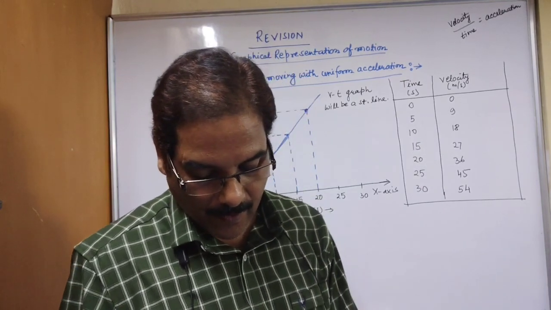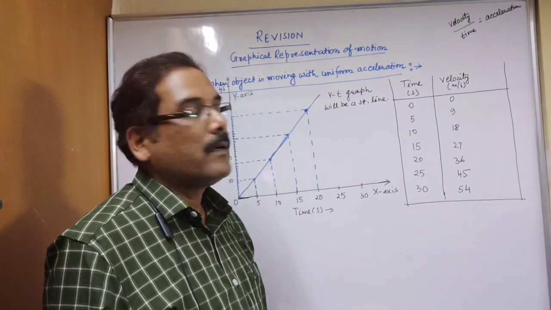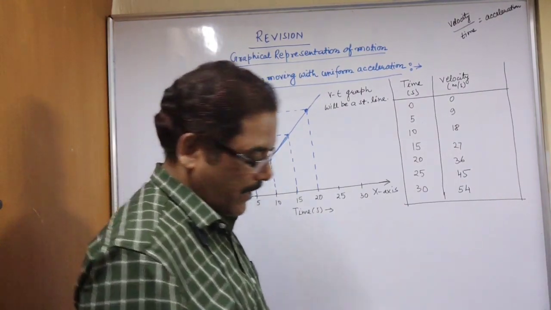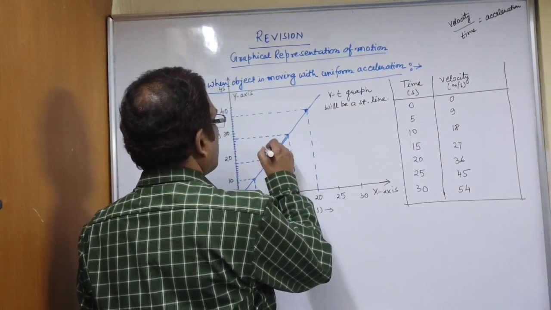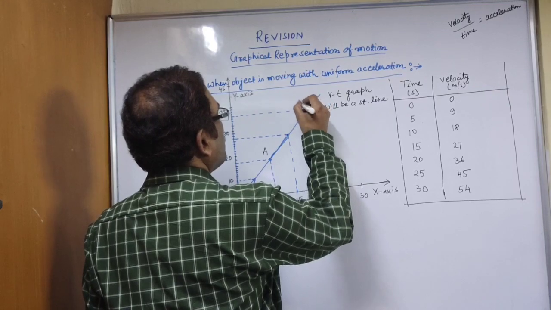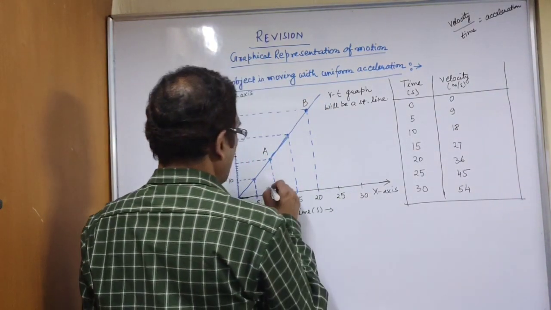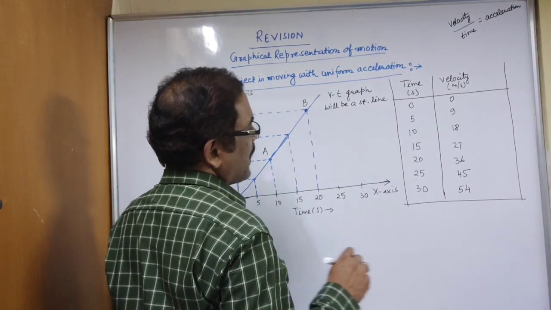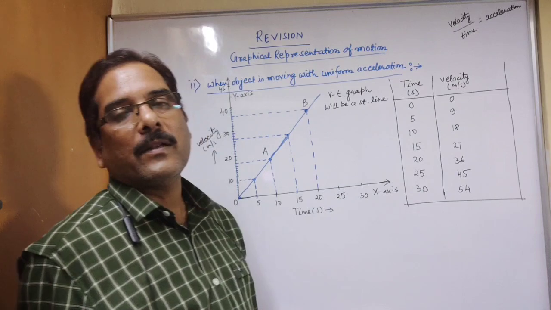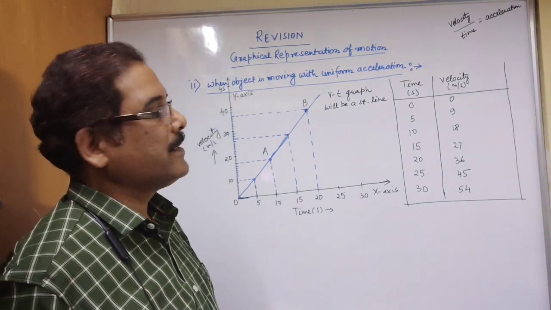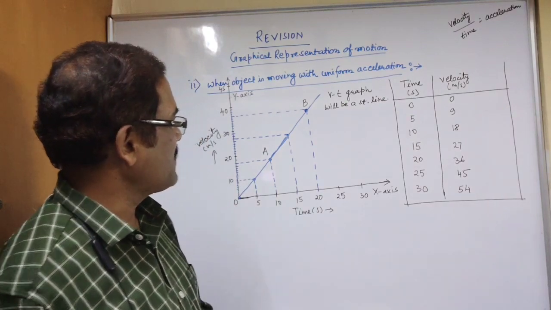So, if you want to calculate the displacement in a particular time interval, suppose we have to calculate displacement between these 2 points, isn't it? So in last case, when the object is moving with constant velocity, we have also calculated the displacement.